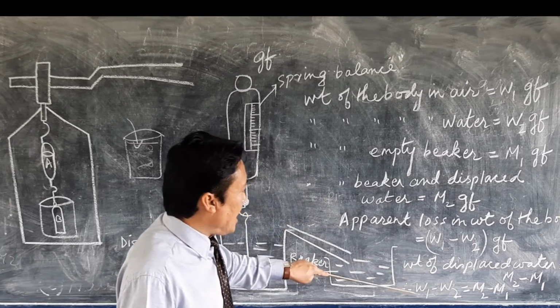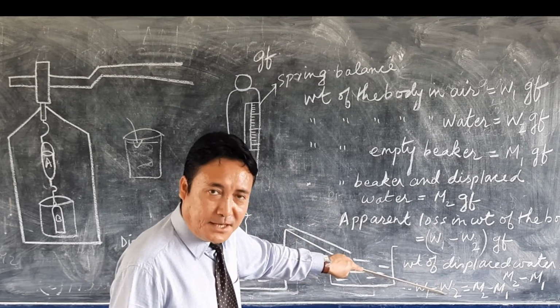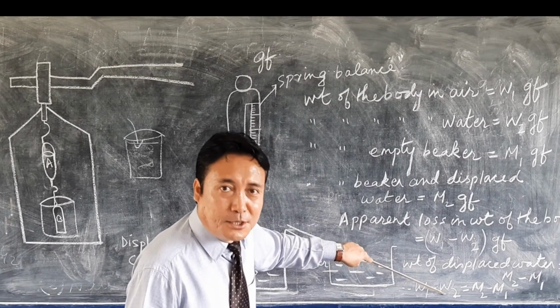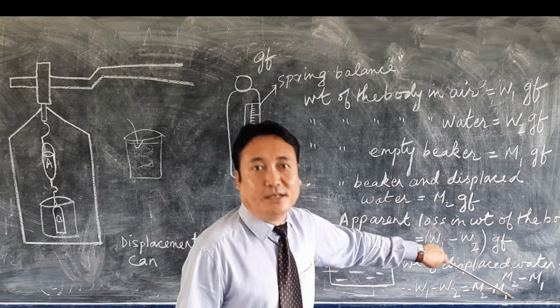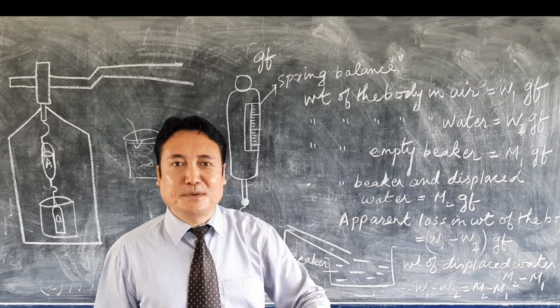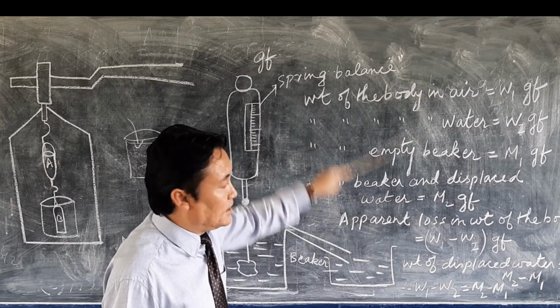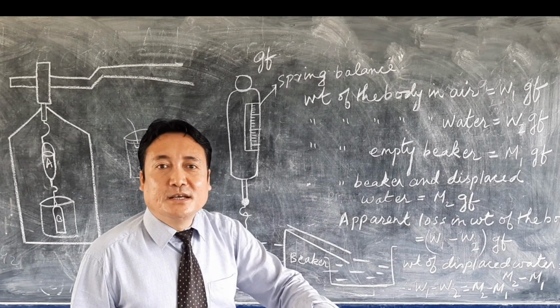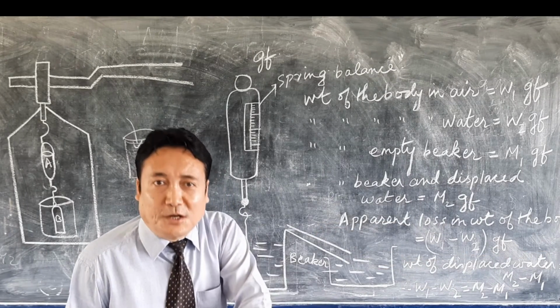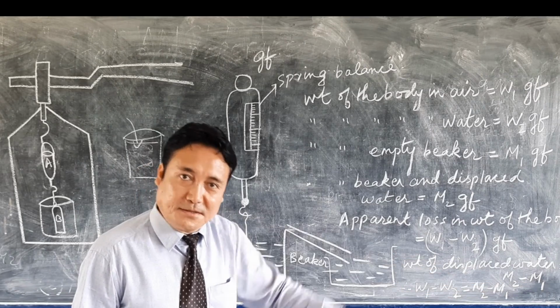That means the apparent loss in weight is equal to the weight of the displaced liquid, which verifies Archimedes' principle. This calculation is required when you solve numericals. Okay, thank you.